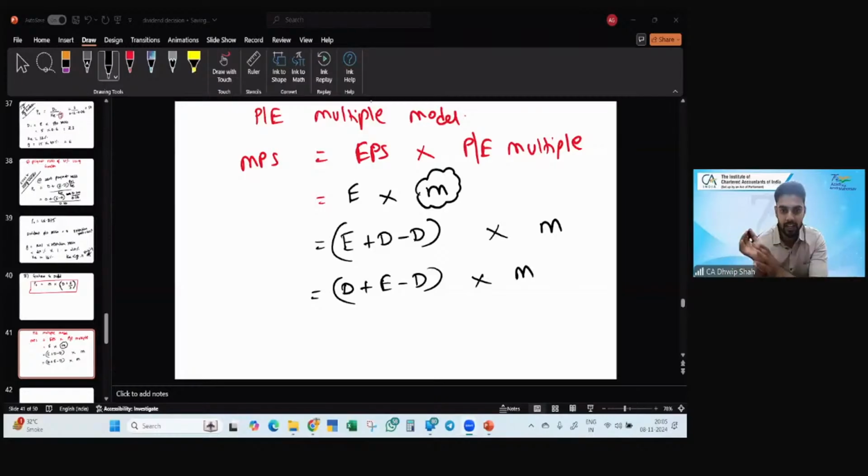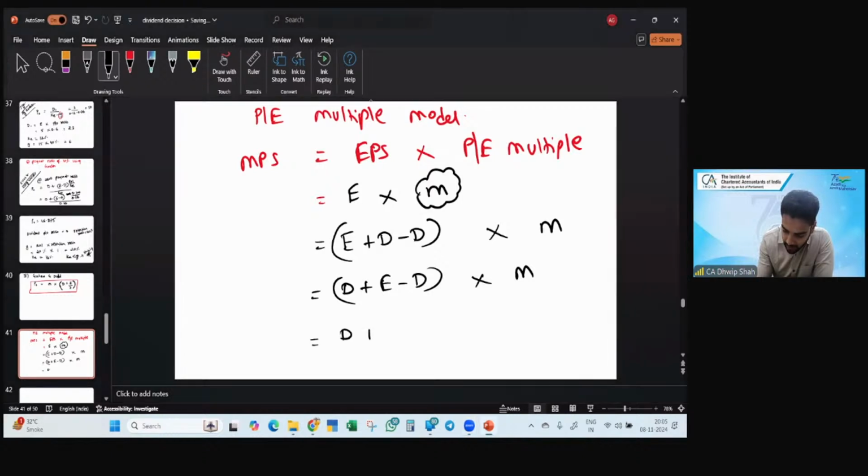I just took D ahead. I took it ahead. Correct? Now see, D. I am separating this E minus D from the dividend. Still the answer remains the same.